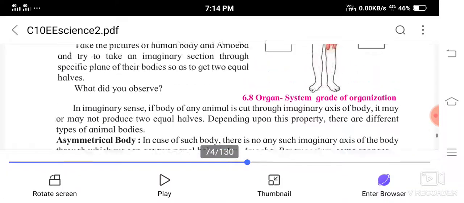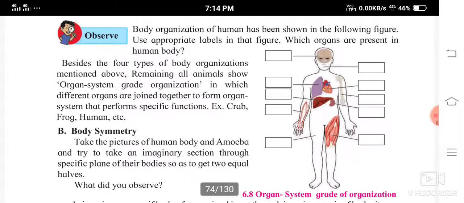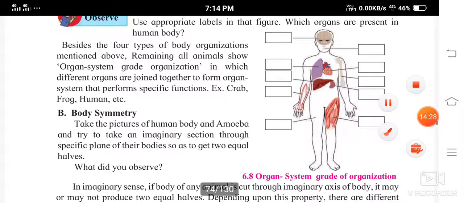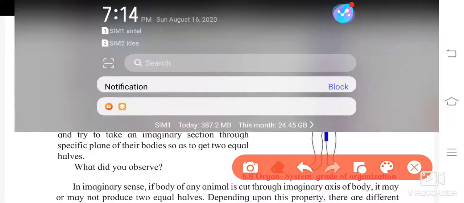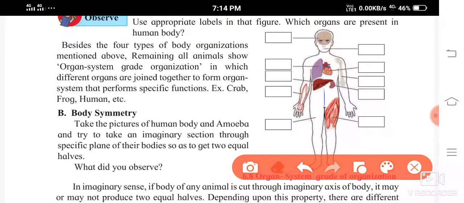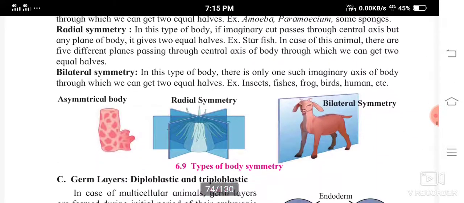You have seen, this is the human body. Only if you cut like this, you are going to get two equal halves, with organs on both the sides. But if you cut like this instead, you are not going to get any equal parts.